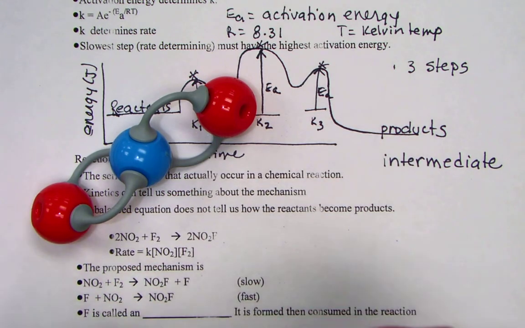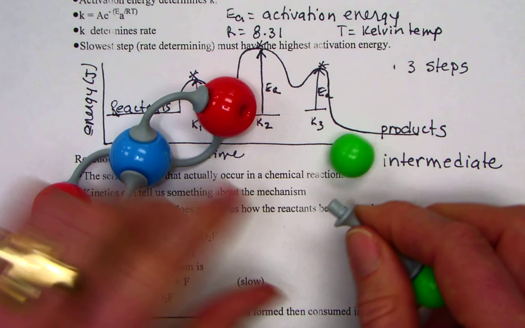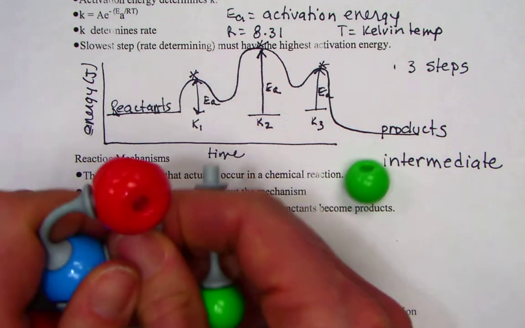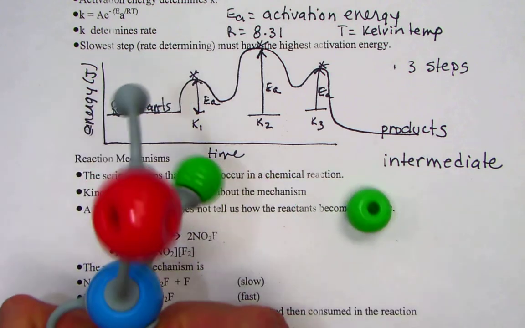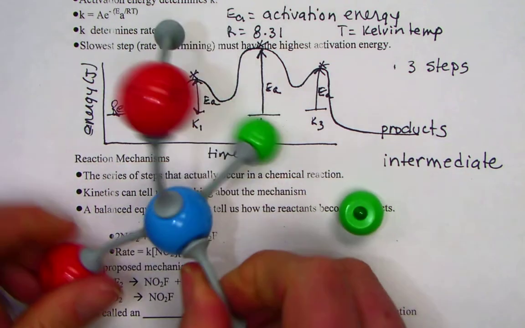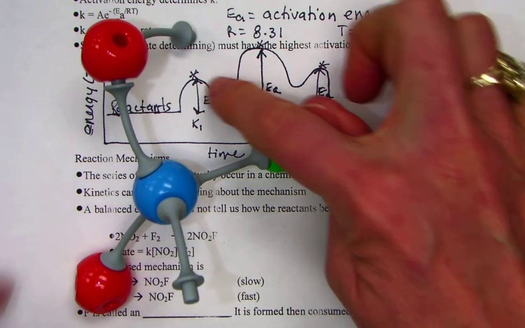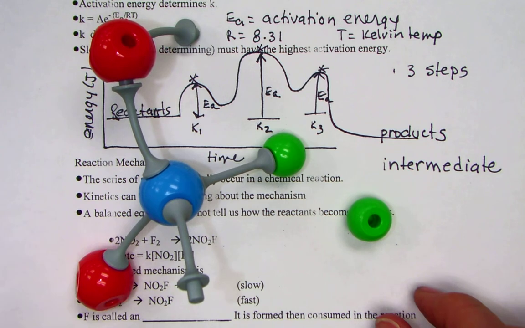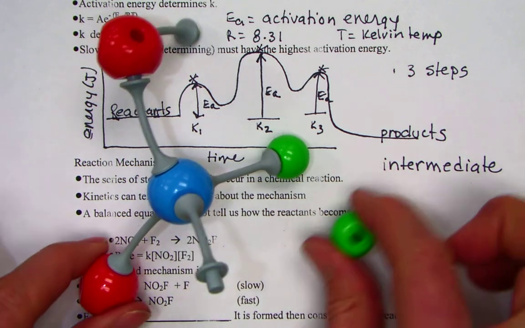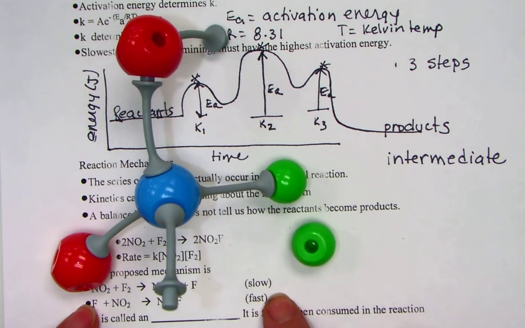In other words, I'm going to take off a fluorine, and what we've got is an intermediate. So just by thinking through what's happened, this would be sitting on top of that energy barrier, up at the top of the hill. This isn't a product, and yet it is made in that first elementary step.